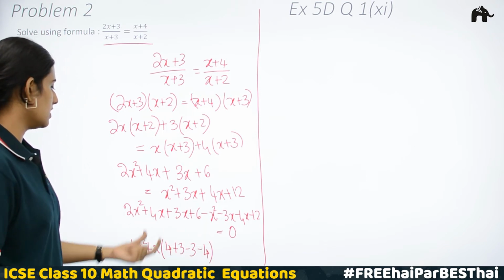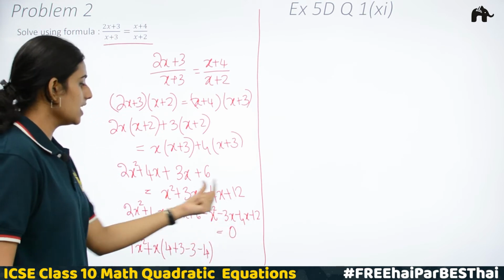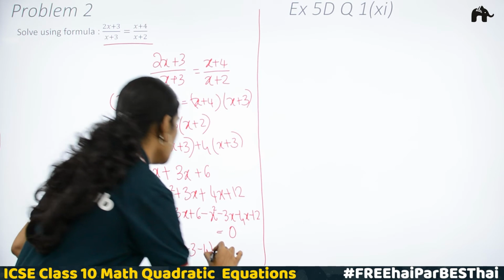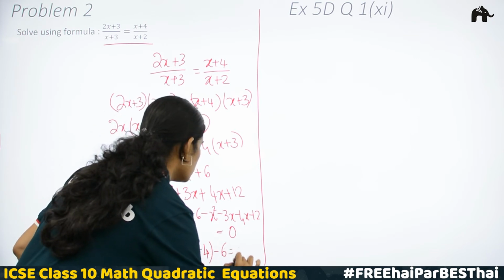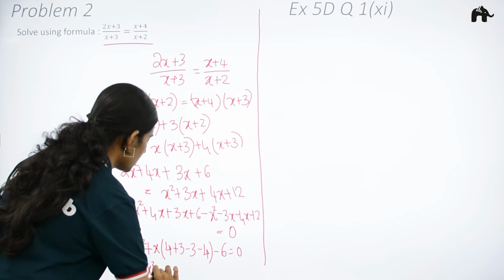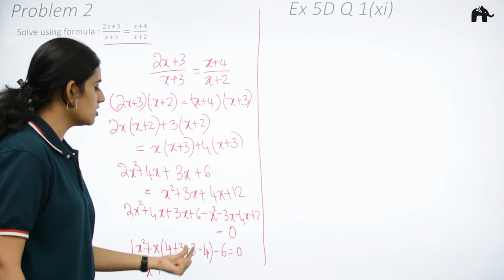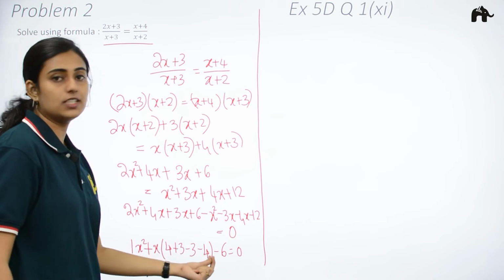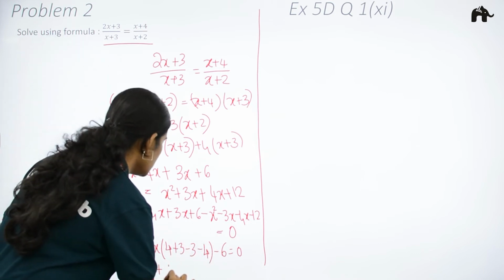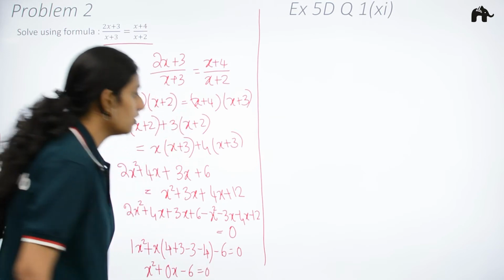Now the constants, we have plus 6 and minus 12. Plus 6 minus 12 is minus 6. Minus 6 is equal to 0. Okay, that is x² plus, 4 plus 3 is 7, 7 minus 3 is 4, 4 minus 4 is 0. We are getting 0x. Minus 6 is equal to 0.